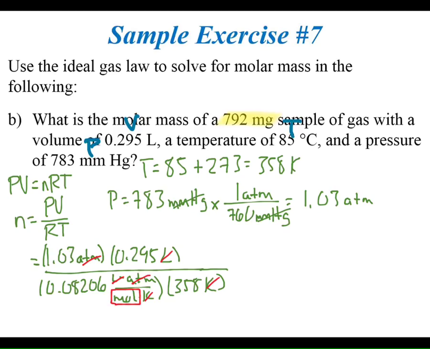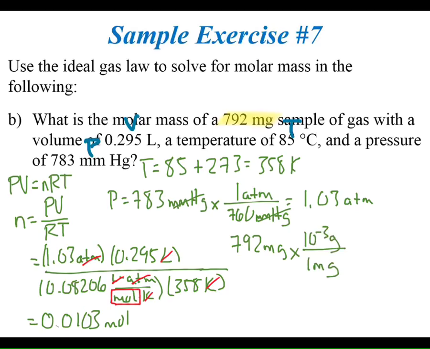So, how many moles did you get? 0.0103. Okay, so we want grams per mole. So we've got to do one more conversion. What do we got to do? Turn those milligrams into grams. Yeah, so let's turn 792 milligrams into grams. 1 milligram is 10 to the negative third grams, so 0.792 grams.